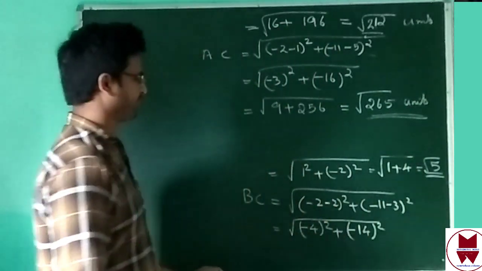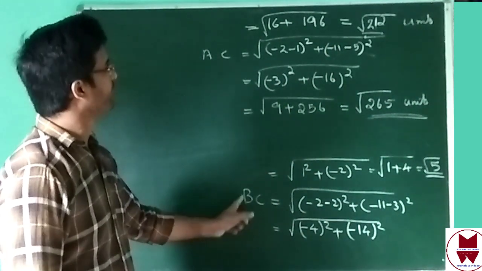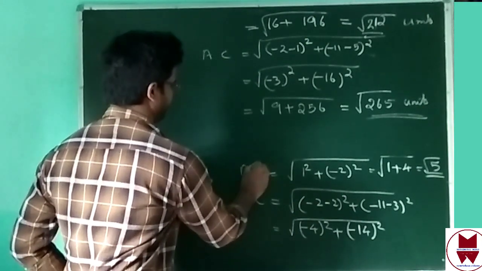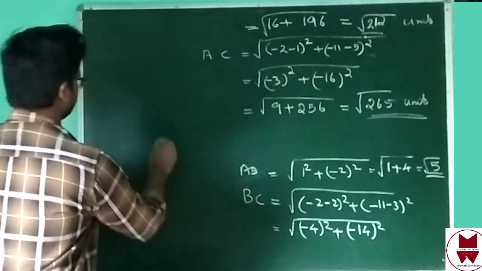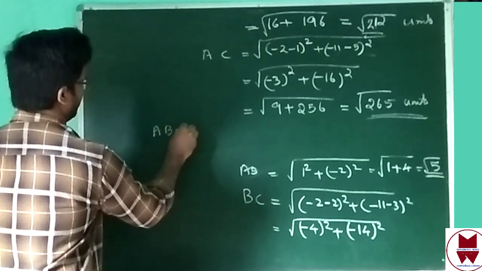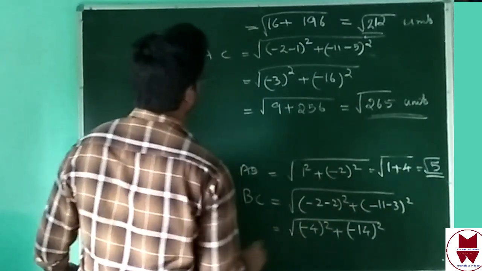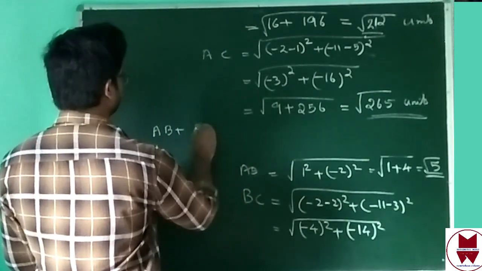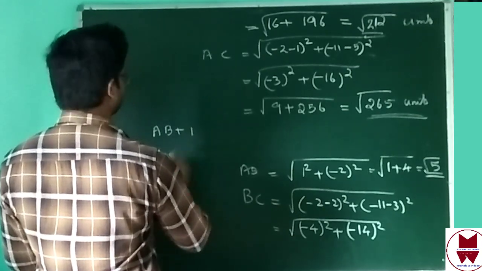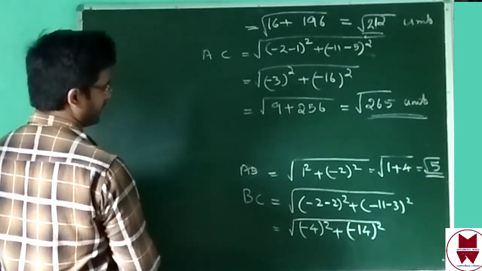Now we got AB, BC and AC. Let's start with the AB value.